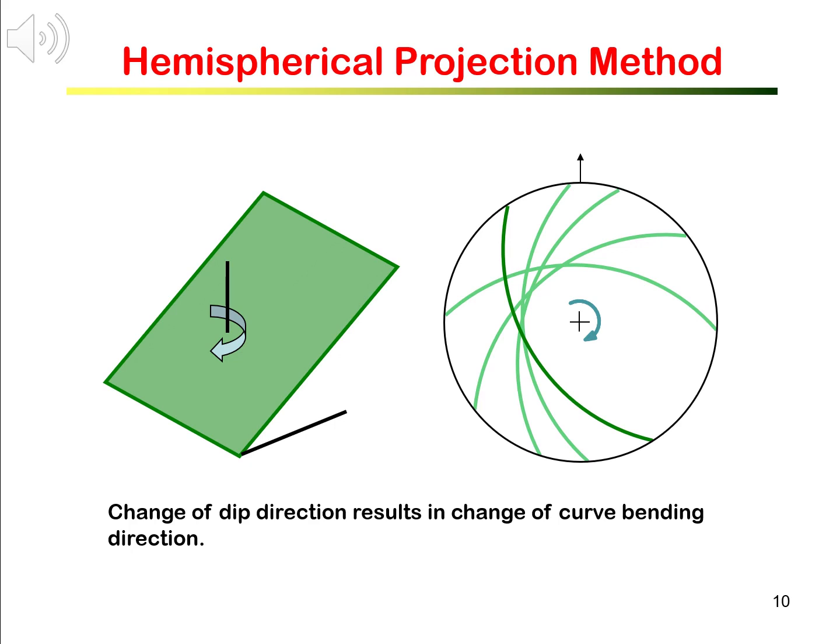Therefore, changing the dip direction of a plane through projection is shown by the changing of the bending direction of the arc. The arc itself will not change shape. In other words, when you turn the plane around horizontally, you turn the arc around the center on the projected plane.